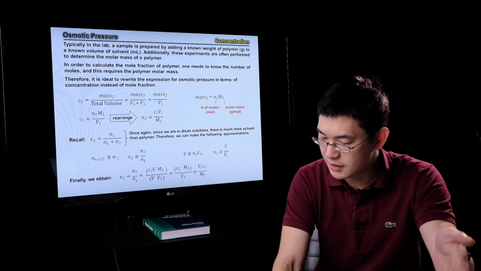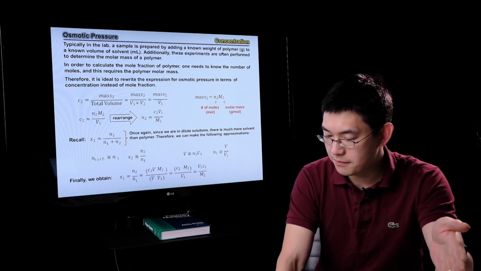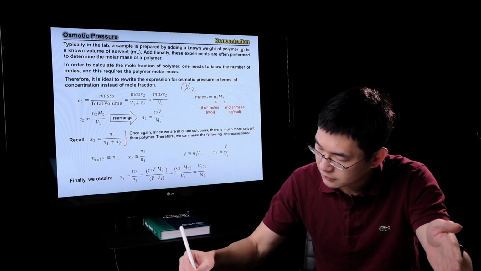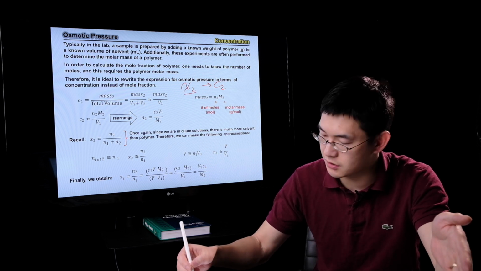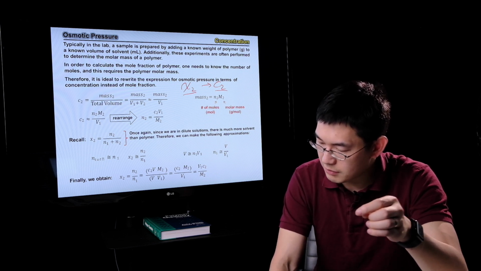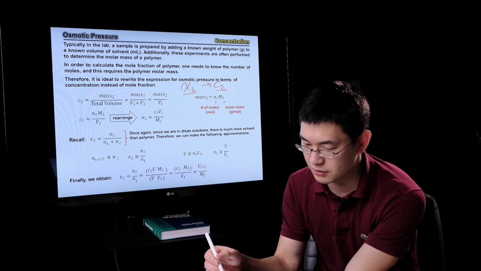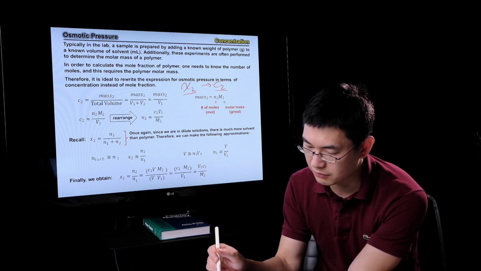And this is what we're going to do here. We're going to link x2 to C2. x2 is the volume fraction, and C2 is the concentration. And this can be done using a simple transition between the mass and the volume.